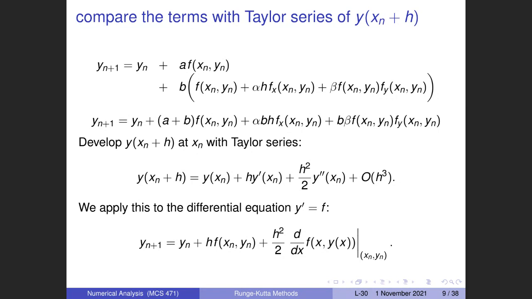But we still have to deal with this second term. So what we did, we applied the equation. It's kind of subtle here, but this is actually the very shortest form of the equations: y prime equals f, so we replace y prime by f, and y double prime is the derivative of f at the point x_n, y_n.